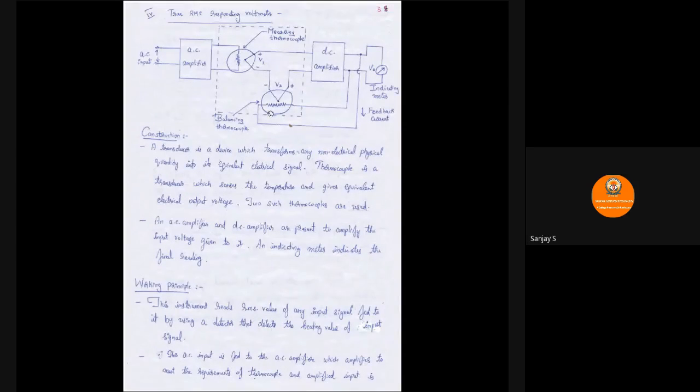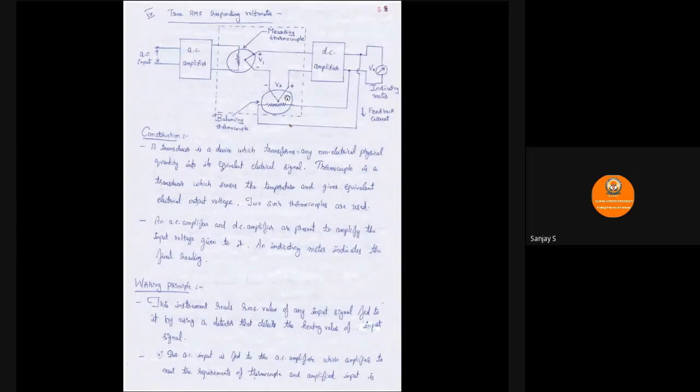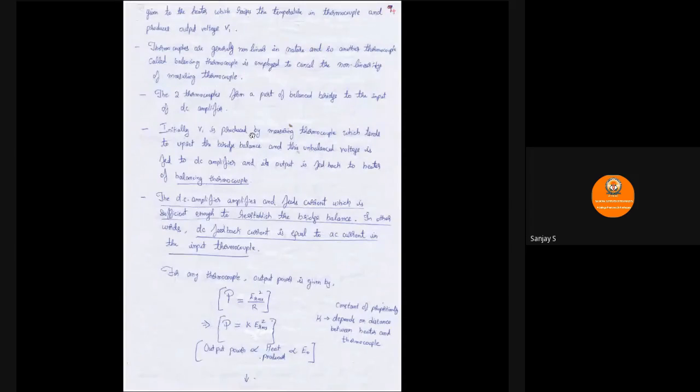The balancing thermocouple and measuring thermocouple are connected as shown here, such that the nonlinearity gets cancelled out. So the two thermocouples form a balanced bridge to the input of the DC amplifier.